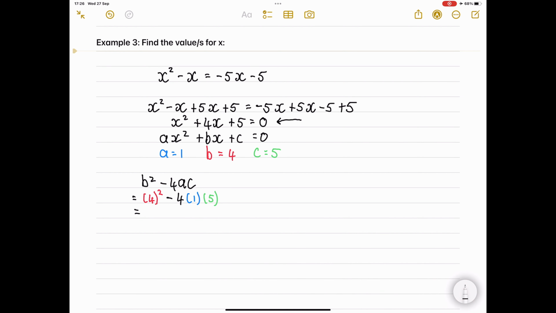And when you calculate this, you get 16 minus 20, and you get negative 4. And if you remember correctly, when your b squared minus 4ac, or your discriminant, is less than 0, which in this case it is, then you have no real solution.